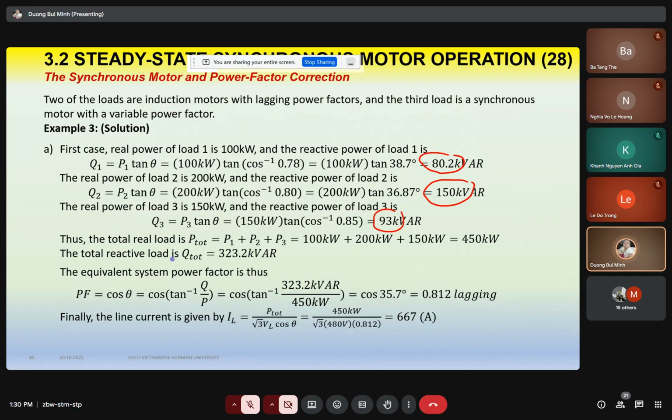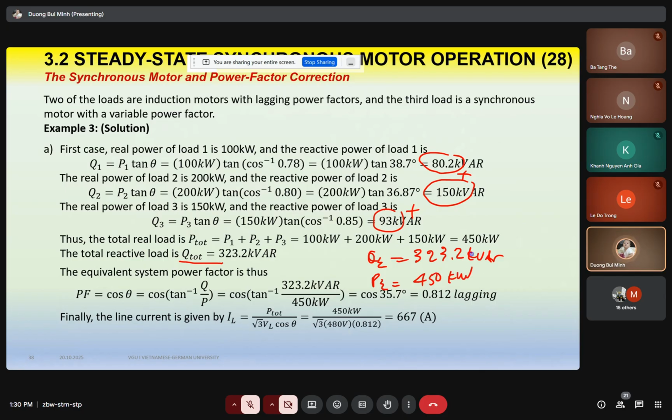So after that you can get Q total, this one plus this one plus this one, and you can get Q total is 323.2 kVAR. And this is Q total, and the P total you get how many? 450 kilowatt.